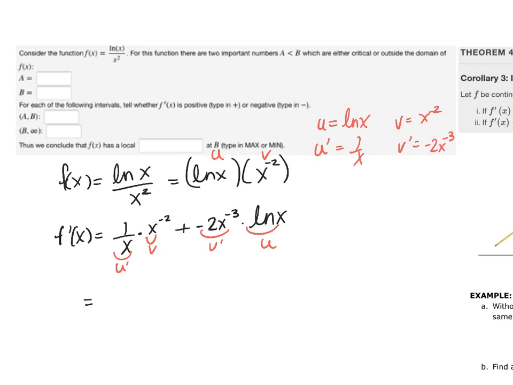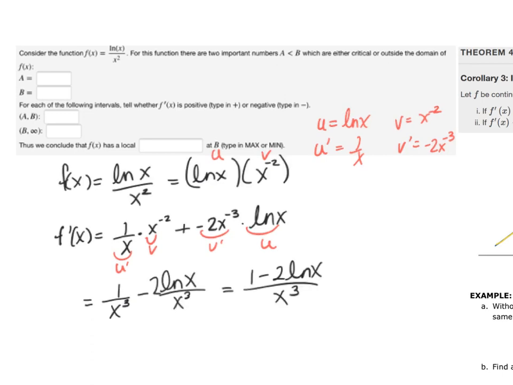So cleaning this up a little bit algebraically, I have 1 over x to the third minus 2 the natural log of x over x to the third. So I can just write this as 1 minus 2 the natural log of x over x cubed.